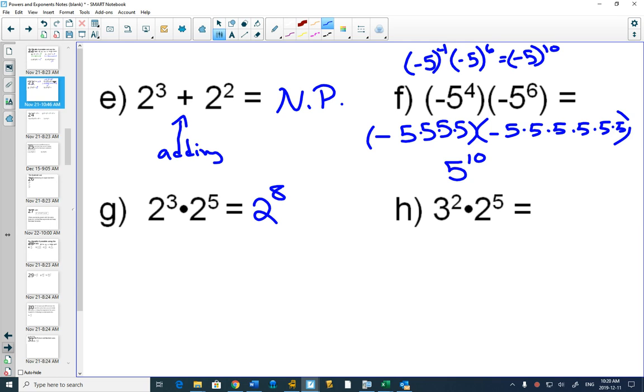The next one, you could get an answer with your calculator, but to write this as a single power is not possible.